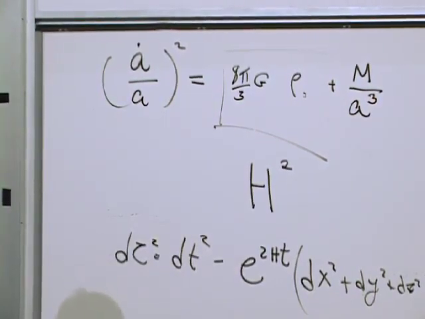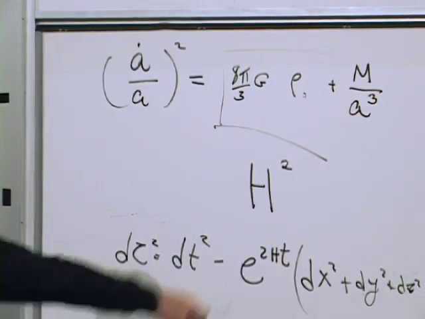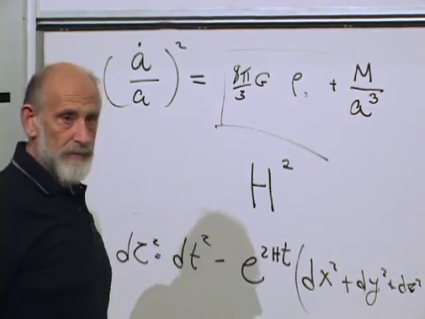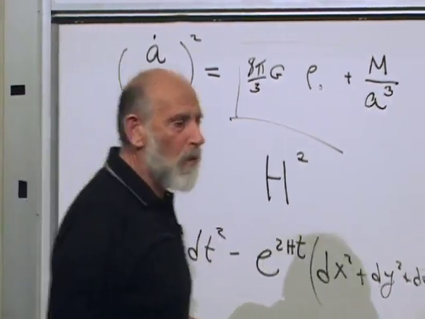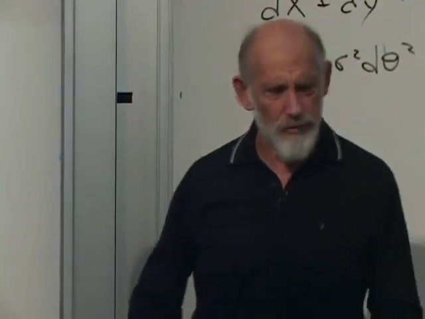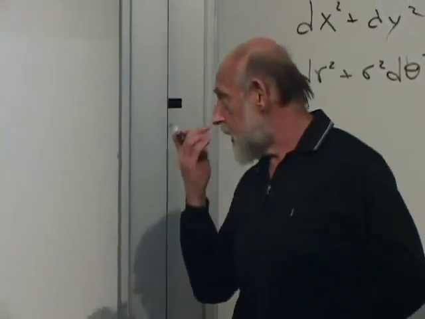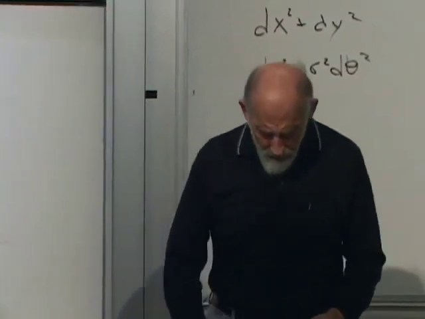And then thought about the possibility of cancellation between this and this. Oh, so he put rho naught equal to minus m over a cubed. Yeah. Okay. It was a misstep. It didn't make sense. Right, but that's why he introduced it in the first place.